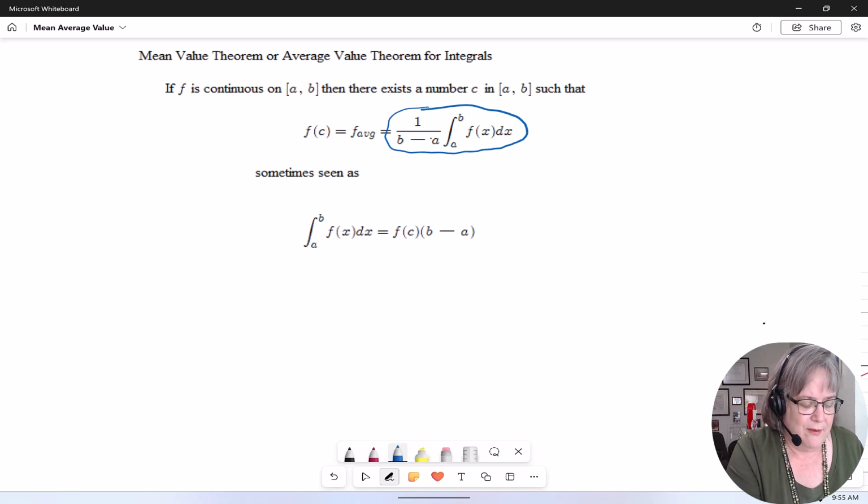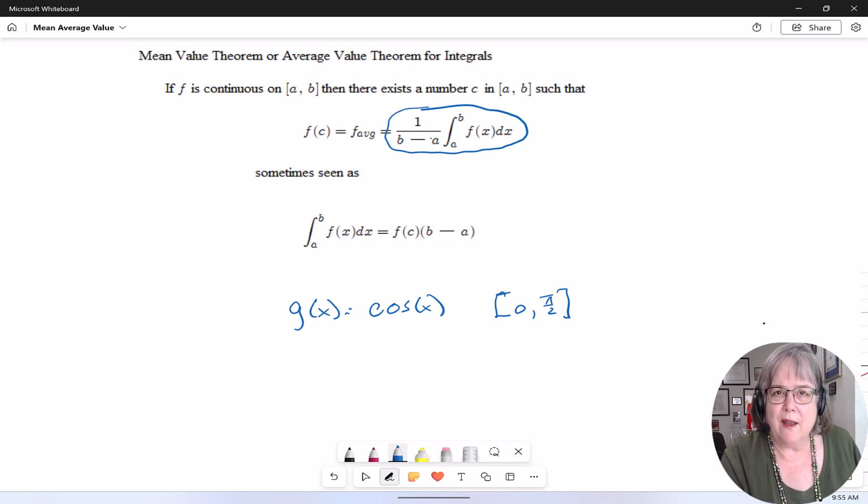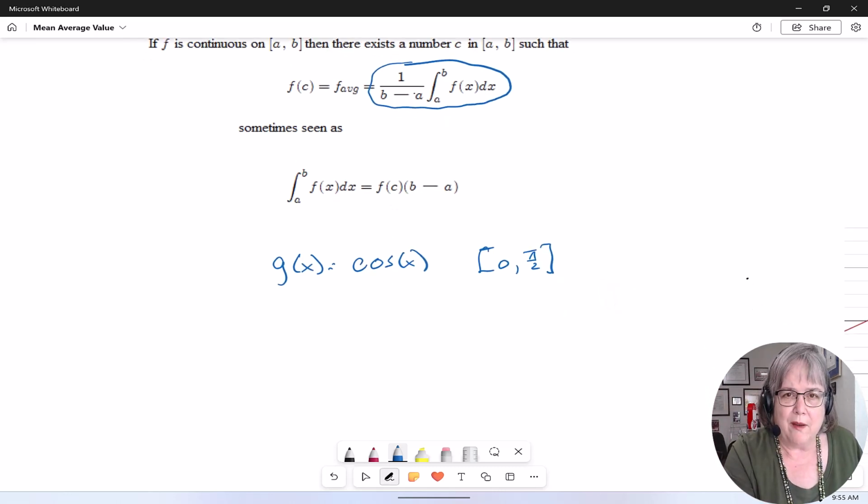And let's say we have g of x equal to cosine of x, because that's a fairly straightforward curve. You know what that looks like. Have this imagination going on in your head. And I'm curious about finding an average height, or the height for just a block rectangle with the same area, from 0 to pi over 2, right?